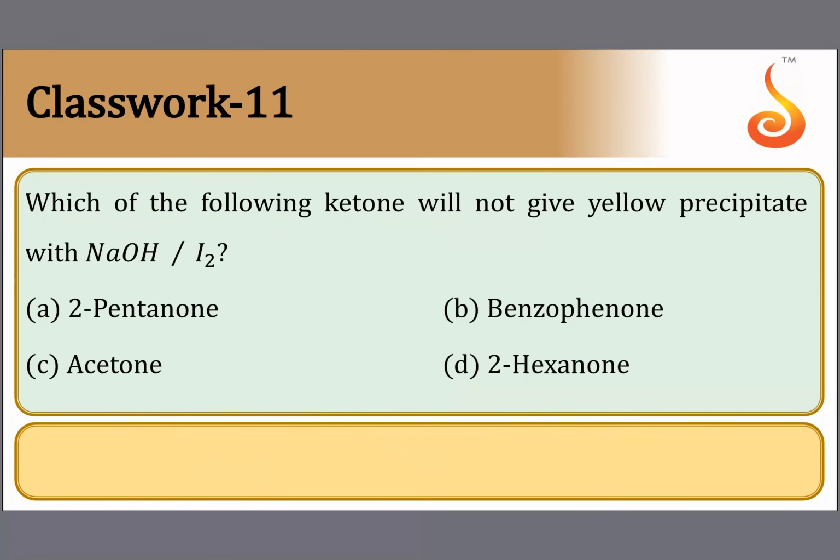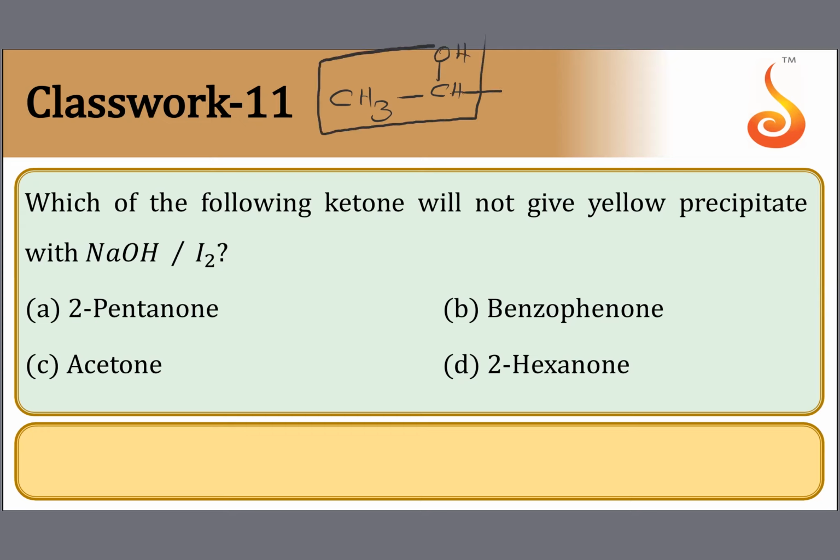Next one. Which of the following ketones will not give a yellow precipitate with sodium hydroxide and iodine? Yesterday also I explained what type of compounds will give the iodoform test. Alcohols containing a beta methyl group. The beta carbon of the alcohol must be methyl.